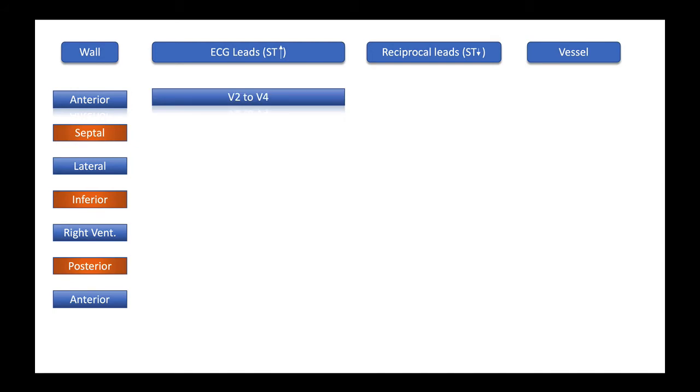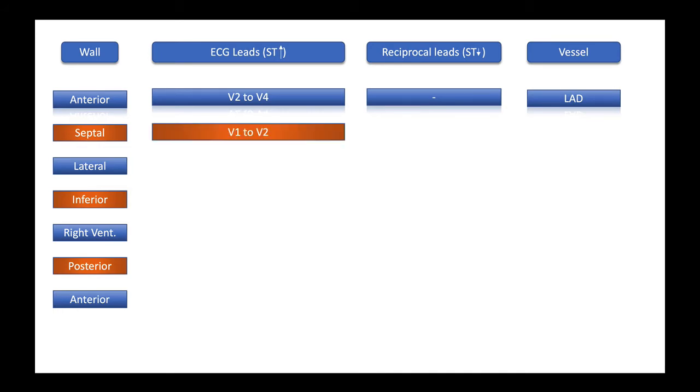Usually in V2 to V4, if you see changes like ST elevation and Q wave formation, it's usually suggestive of an anterior wall infarction, and we're talking about the free anterior wall, and it's usually the left anterior descending artery which is involved. If you have V1 and V2 leads showing changes, it's more likely just a septal myocardial infarction.